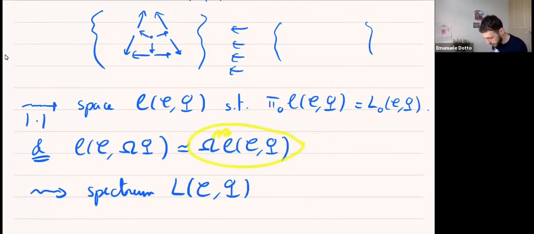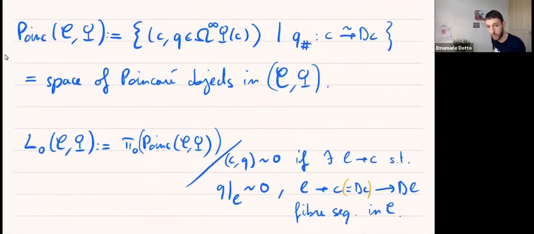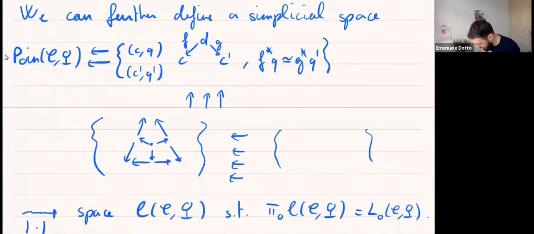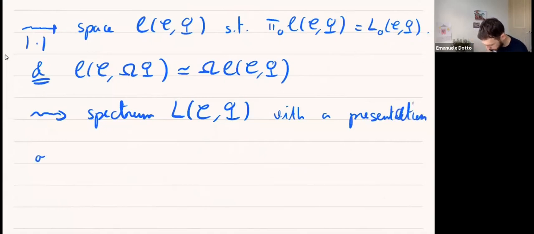But by this property, this is pi 0 of the thing with the shifted Poincare structure, and pi naught of anything, we have a presentation which is given by this. Just replace Q with the shifted copy of Q. So this comes together with the presentation of its homotopy groups.